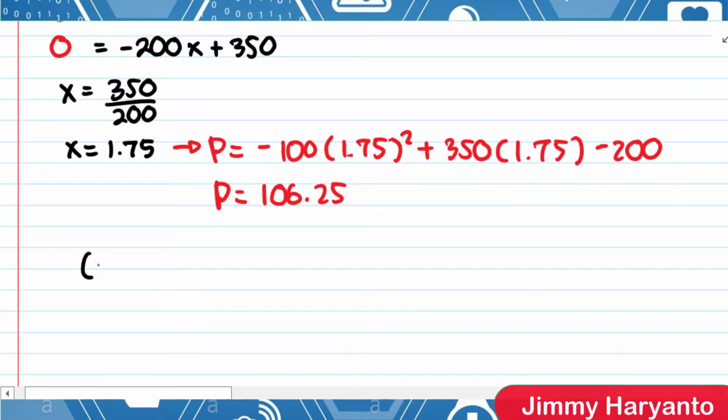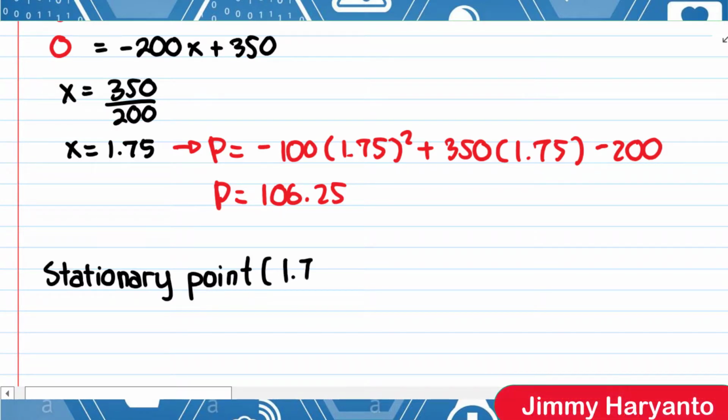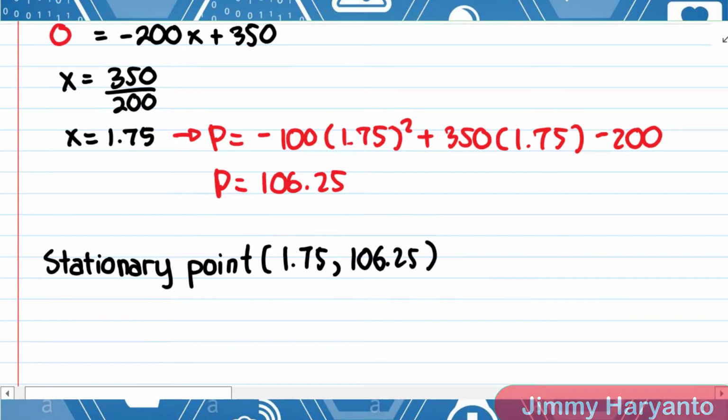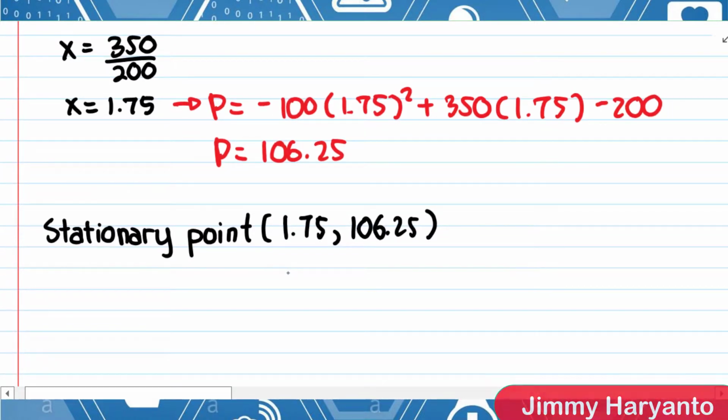So the stationary point is 1.75, 106.25. What does it mean?